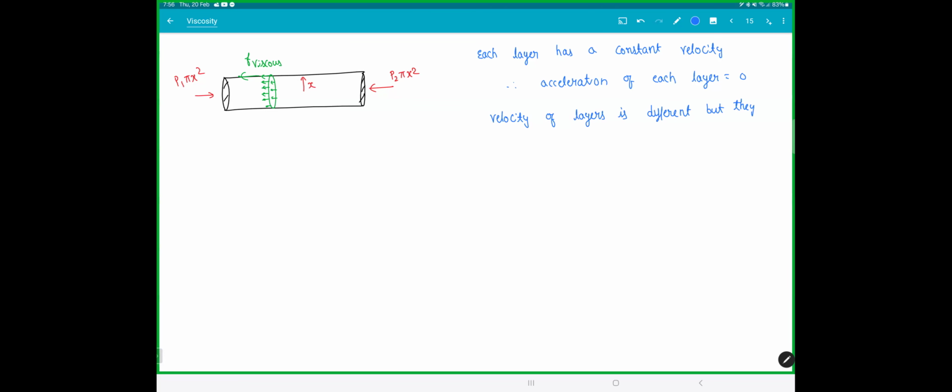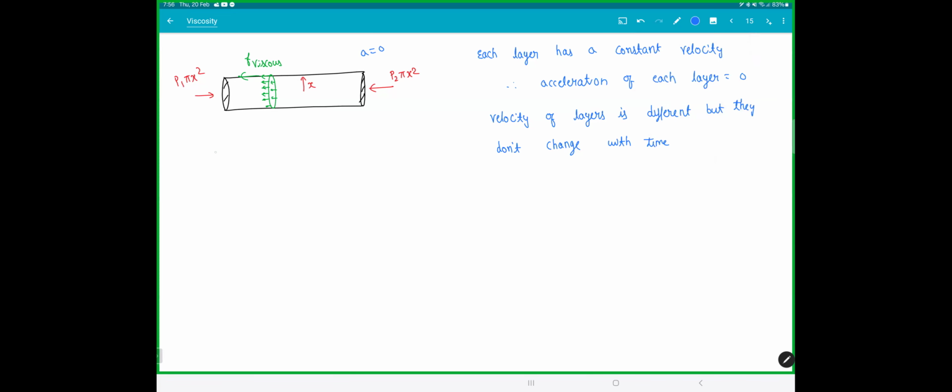The center layer is going with 10, the second layer with 8, the next layer with 6. Each layer has a different velocity, but the velocity of that layer will never change. Therefore, there is no acceleration for this system. So don't get confused there. Velocity is changing with position, not with time. Perfect. Therefore, the acceleration of the system is zero.